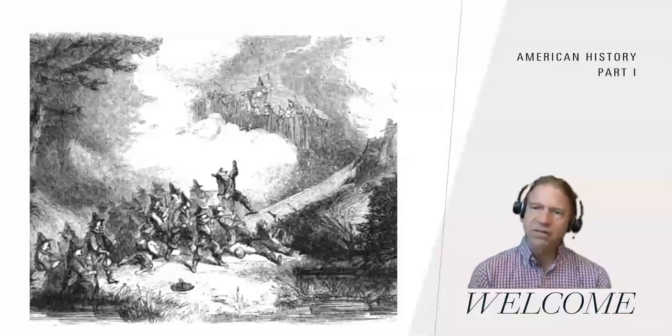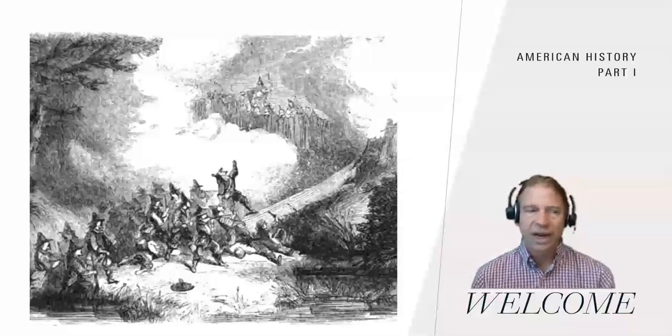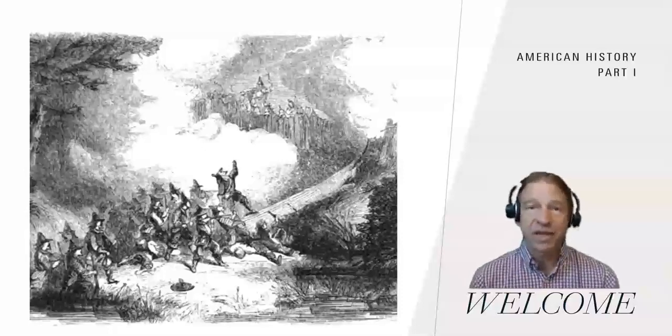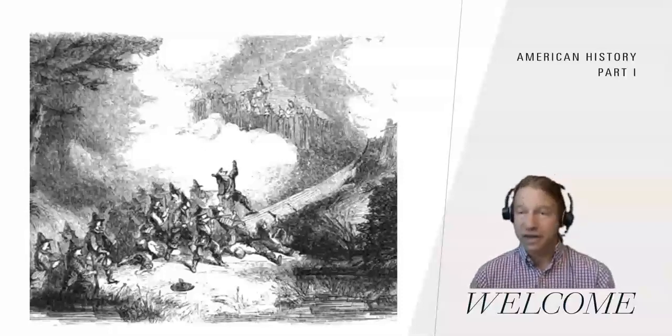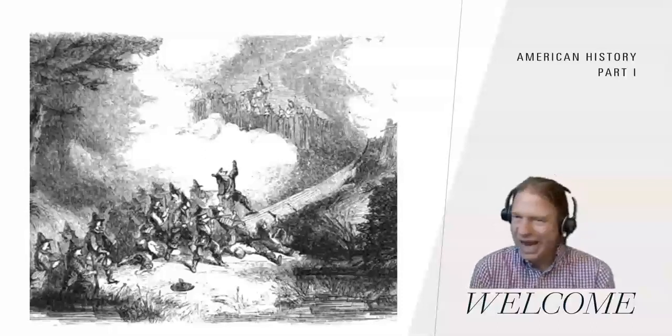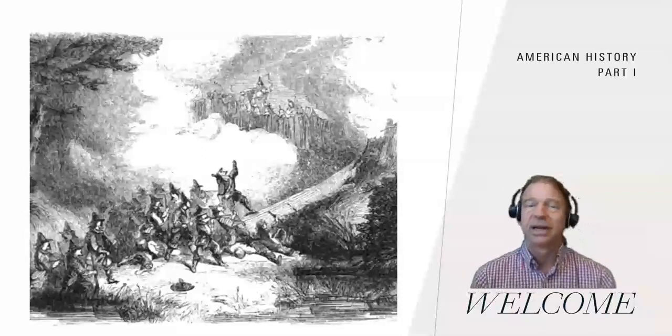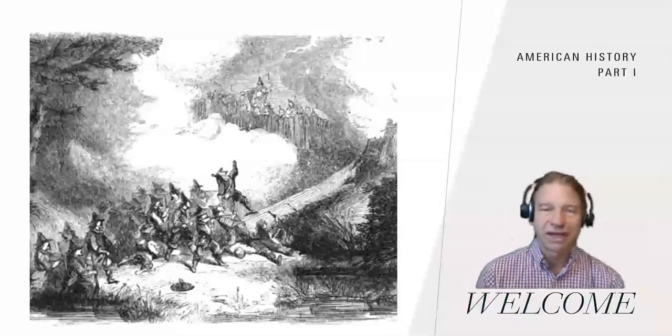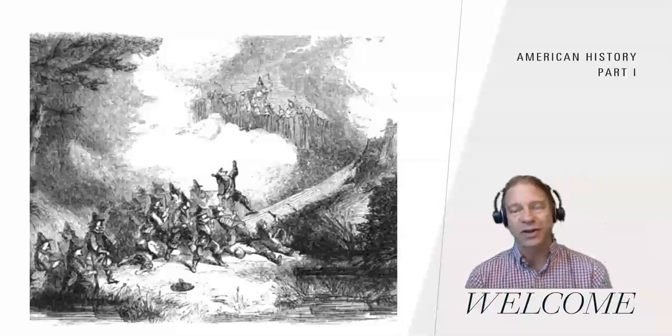We'll look at the origins of the American Revolution and how the American Revolution led to a new experiment in representative society, the United States. We'll examine the first failed attempt at a government in the United States, the Articles of Confederation. We'll then examine the Constitution.